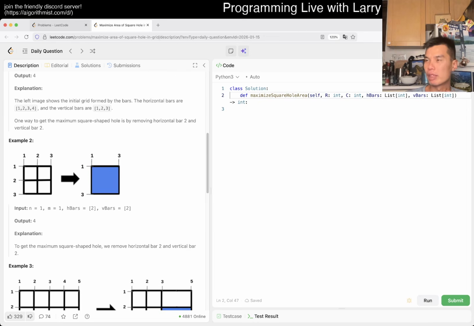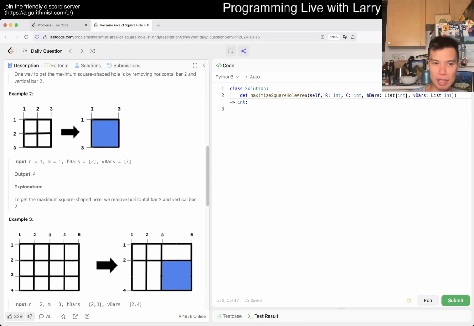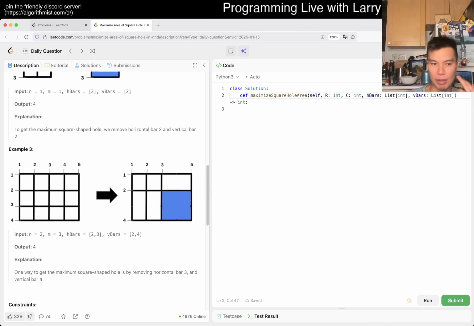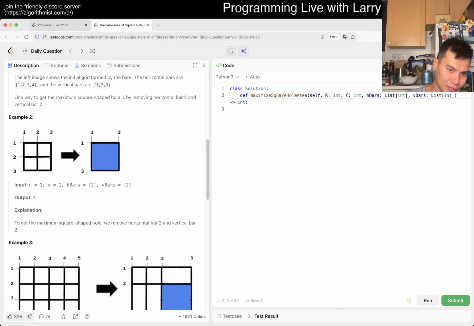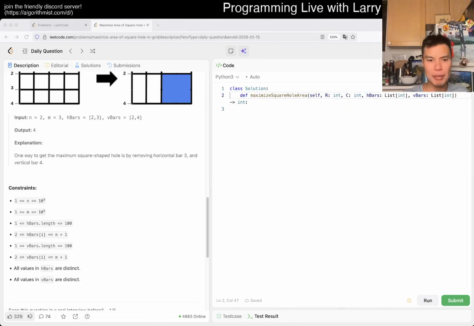So the answer is at least always 1 because we always have square holes. And there are a couple of formulations here that might make it interesting. I think it's still kind of what you might call it.